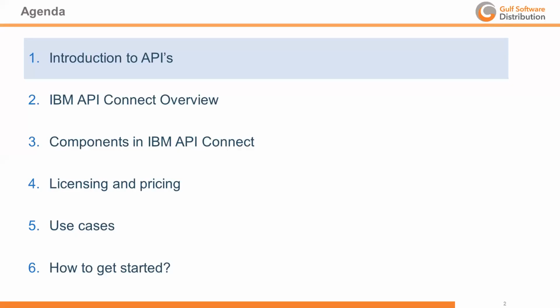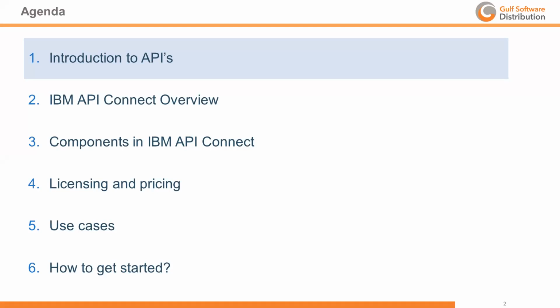So this is the high level agenda that we have for today. I'm just going to start with a brief introduction of what APIs mean. What are the business benefits of having an API management strategy within an industry? The product offering from IBM to cover the API management strategy for an organization.